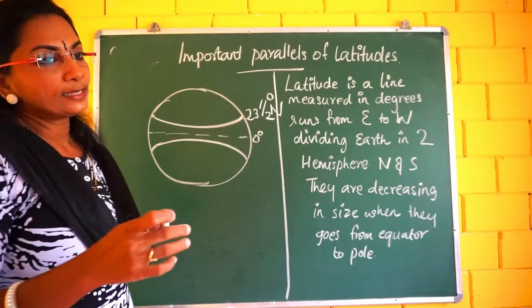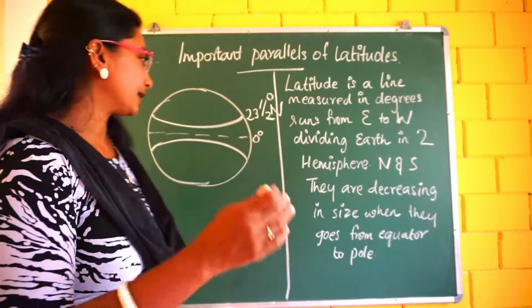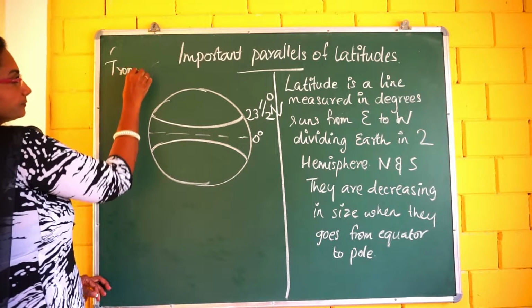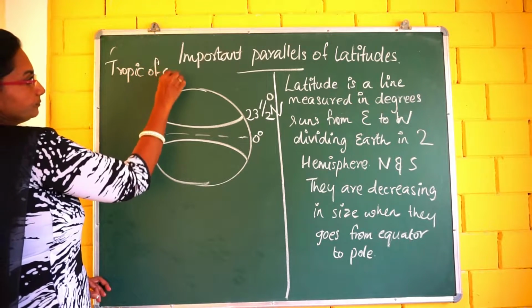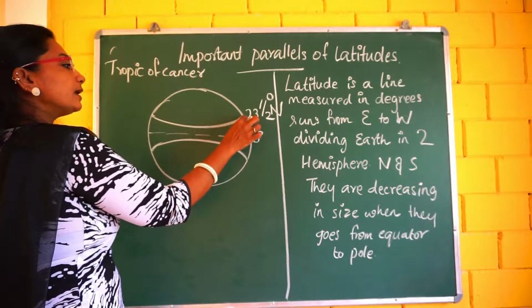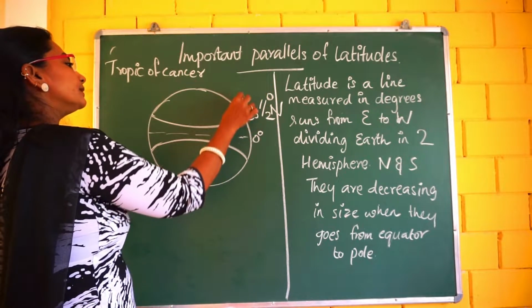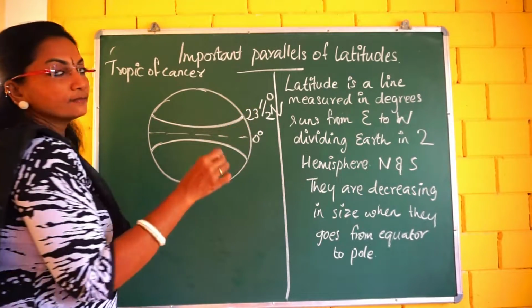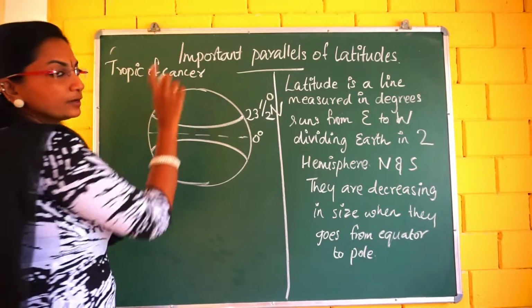We call it the Tropic of Cancer, on the northern side. Got it children? That means from the equator, 23 and 1/2 degree measured to the north, another important parallel of latitude comes, and we call it the Tropic of Cancer.